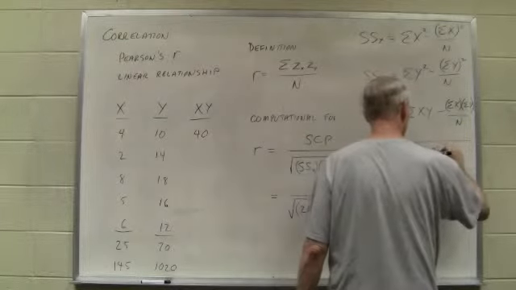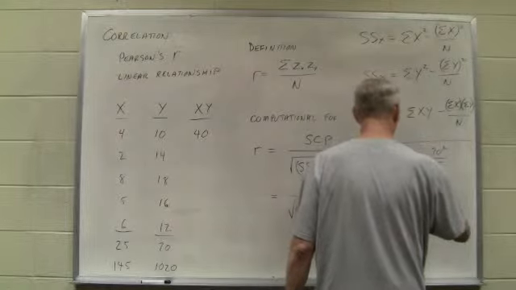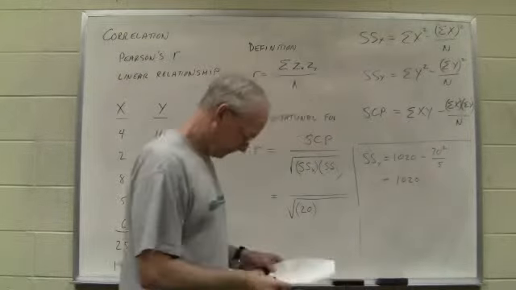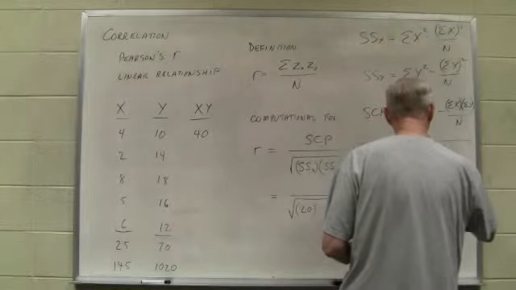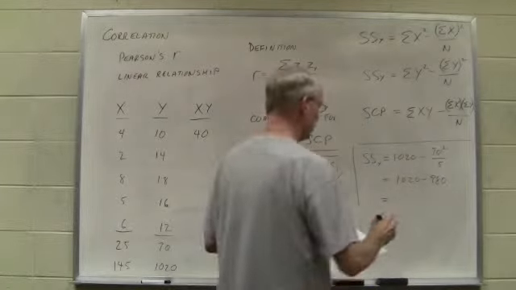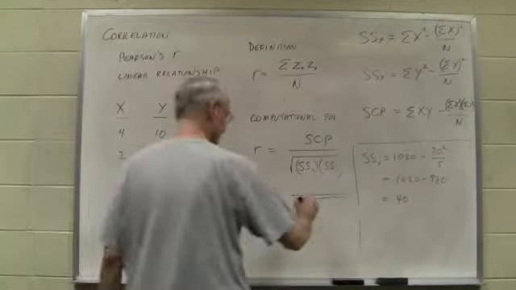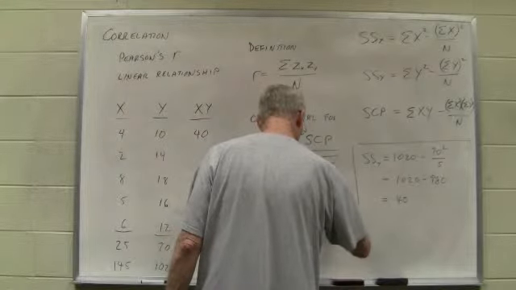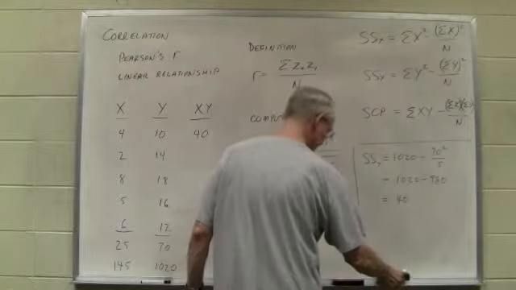That would be 70 squared over 5. 70 squared over 5 is 980. And so our sum of squares for the y's is 40. Second term in our denominator is done.